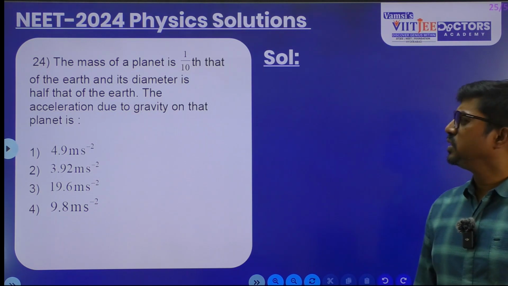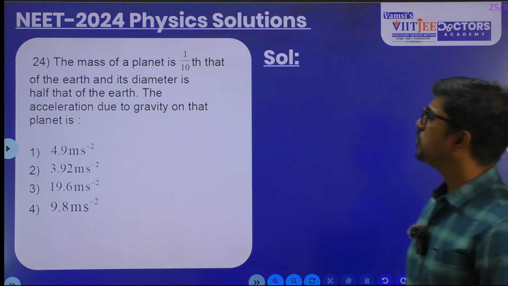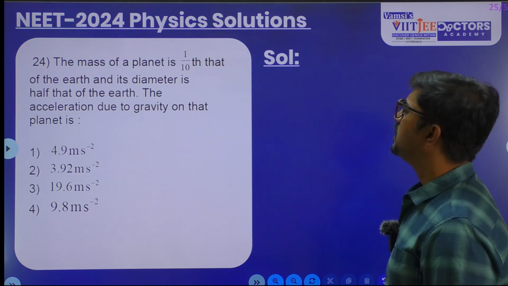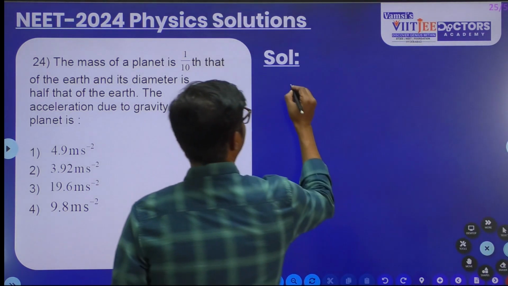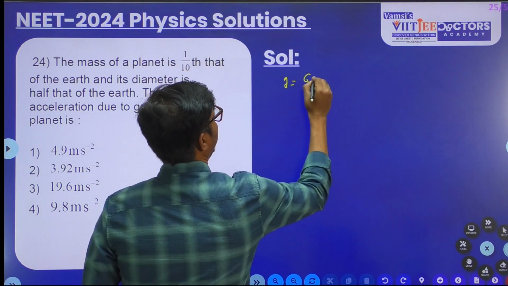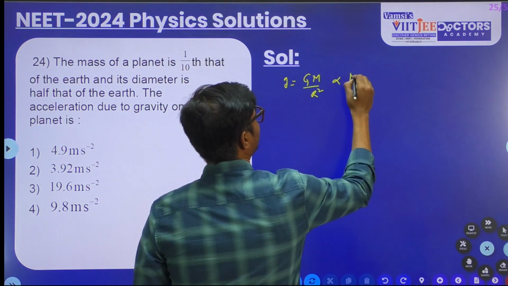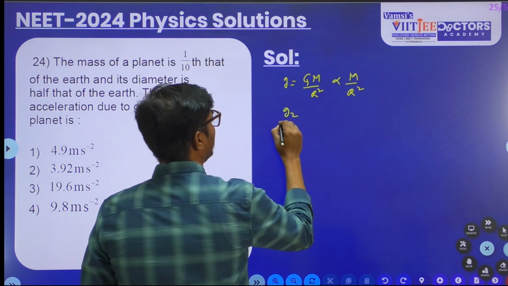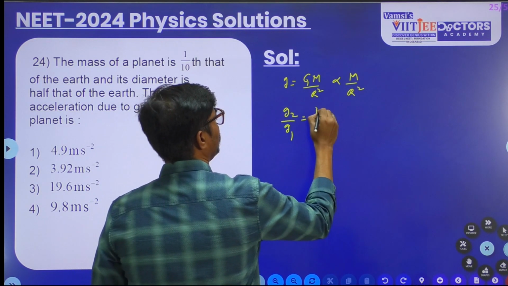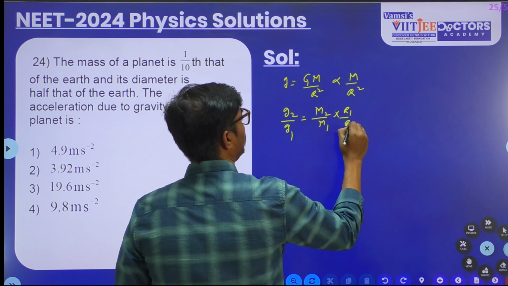Right. Now this is related to gravity, acceleration due to gravity. Mass of the planet is 1/10 of the Earth and its diameter is half that of the Earth. Then the acceleration due to gravity will be, you know that g equal to GM by R square. So proportional to mass by radius square. Now g2 by g1 equals M2 by M1 into R1 by R2 whole square.